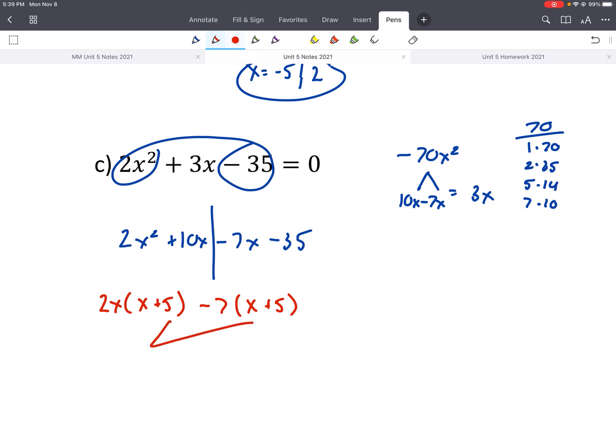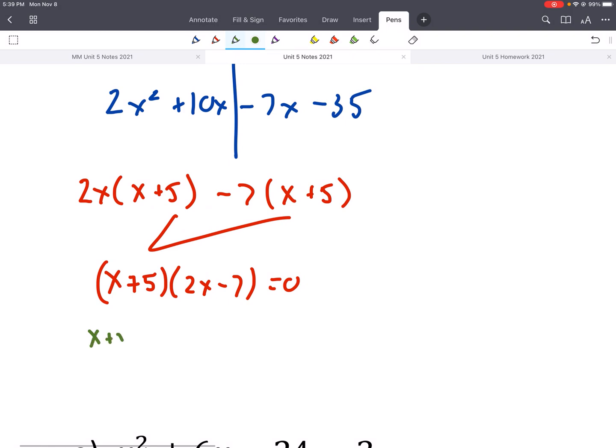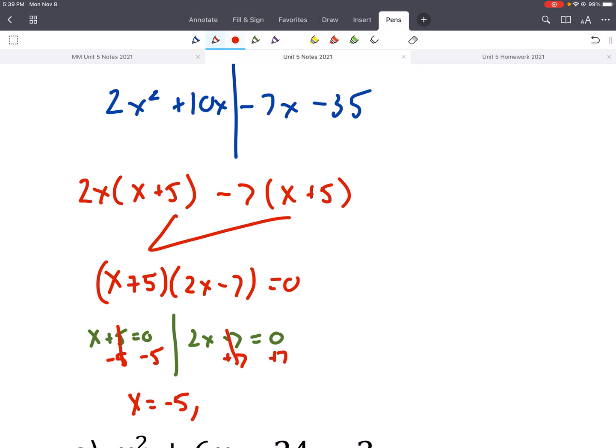Okay, and then those are the same, so we could factor that out. Okay, and you can do the same thing we did before. Either x plus 5 has got to be equal to 0, or 2x minus 7 has got to be equal to 0. So we could subtract 5 from both sides, so we get x equals negative 5, or we could add 7 and divide by 2, so 7 halves.